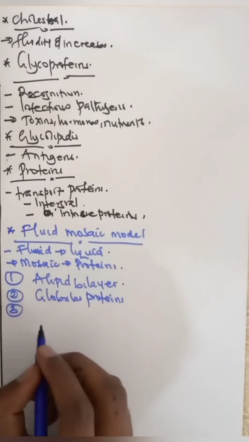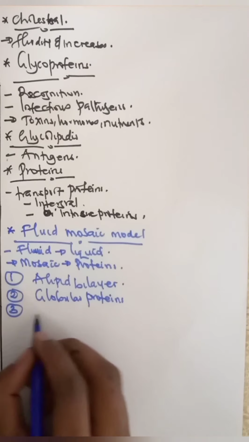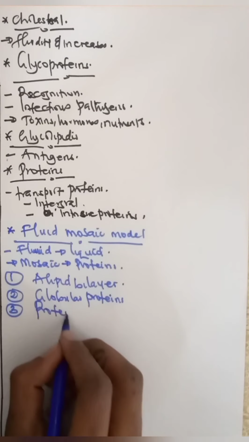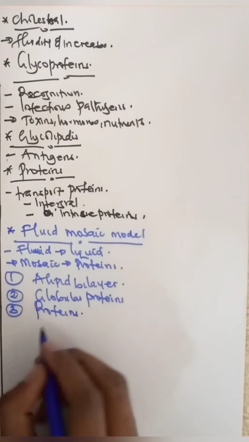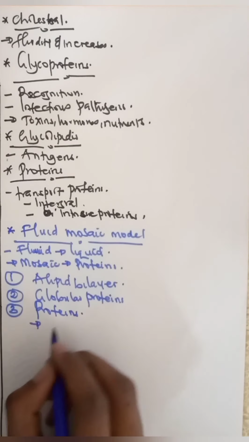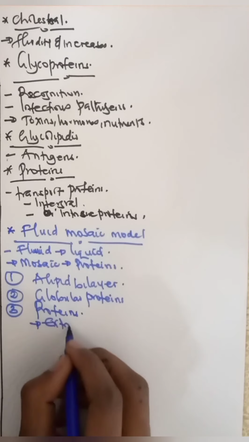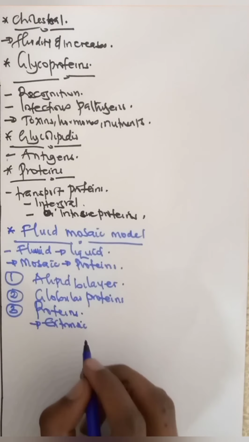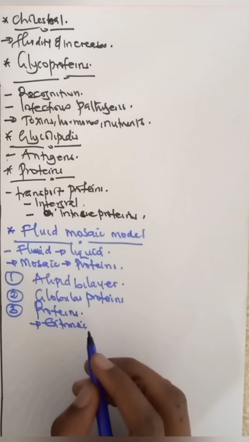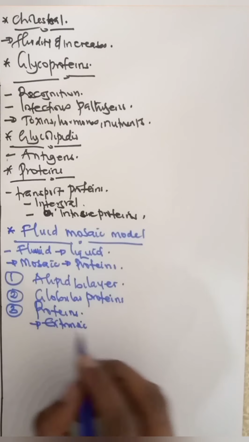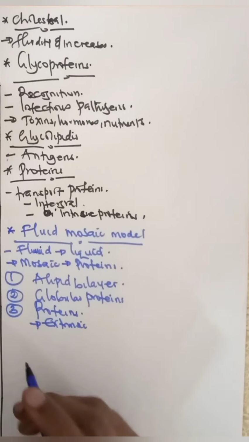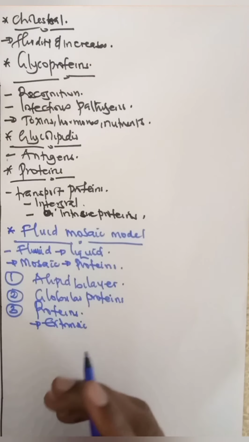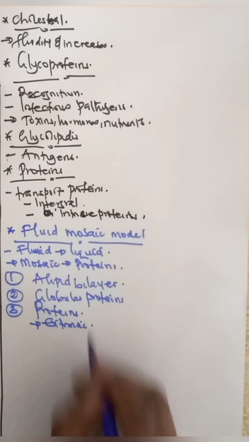Then number three, the membrane proteins are arranged in different ways, whereby we have the extrinsic or the peripheral membrane proteins that are loosely held to the surface of the membrane, and they can be easily separated. For example, the cytochrome of the mitochondria.